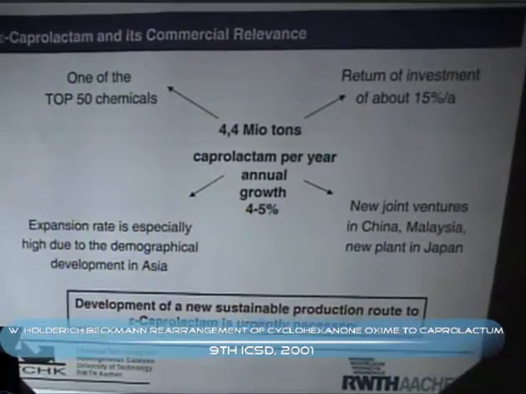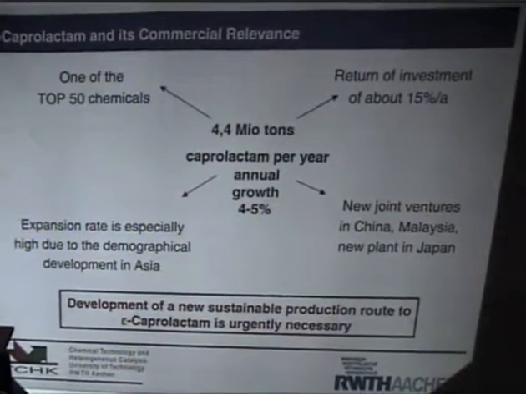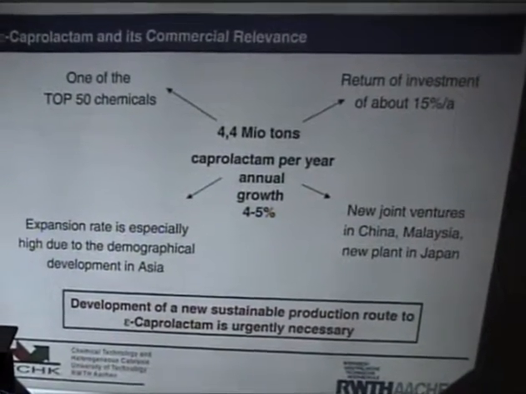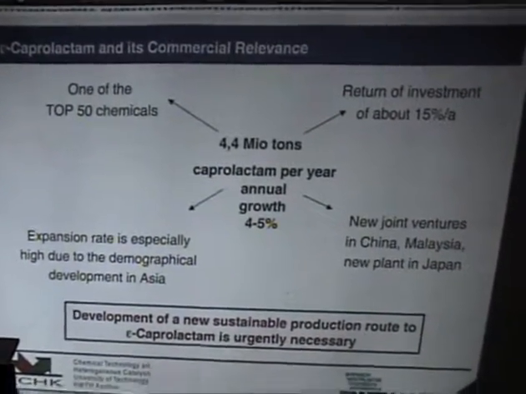This expansion is mainly located in Asia due to the demographical development. And therefore we read in the newspapers quite often announcements about new joint ventures in this field in China and Malaysia.